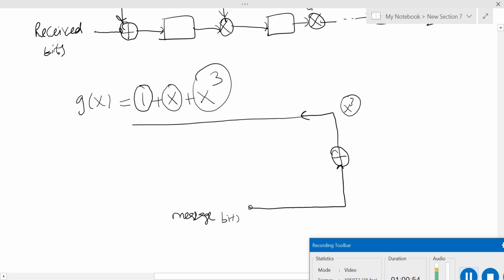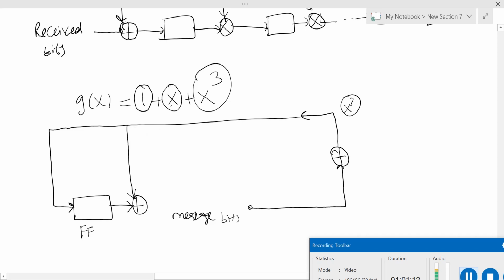And then move here directly. This is the first term, and the flip-flop determines the first degree term. Then XOR. Now G1 is 1, so I will have a link here. Then flip-flop.